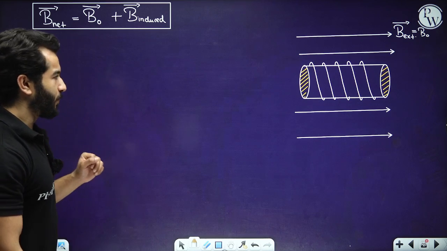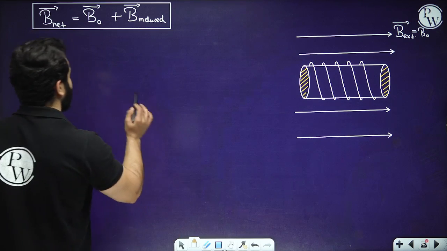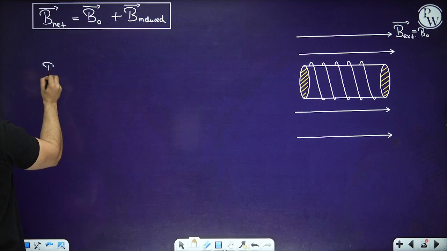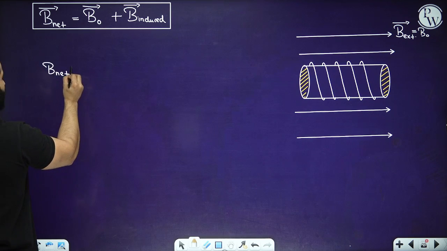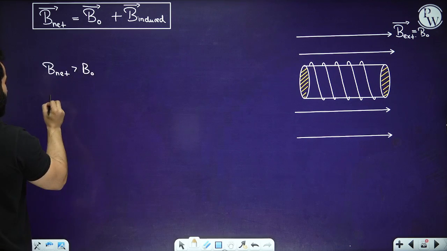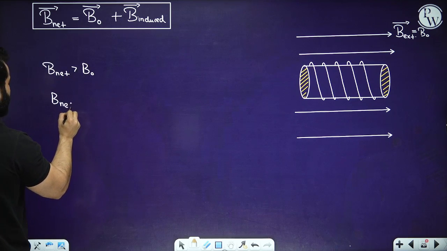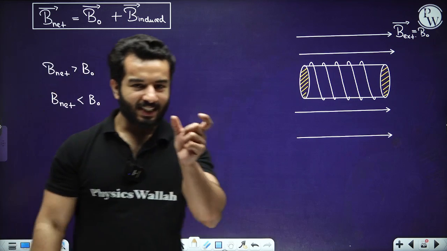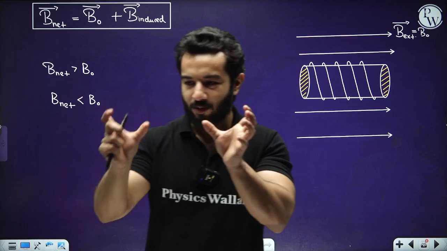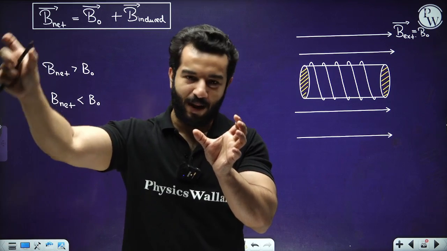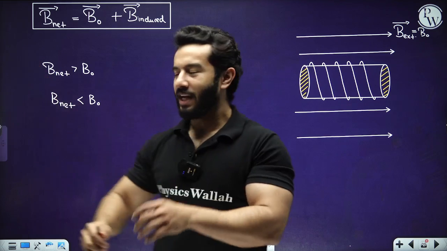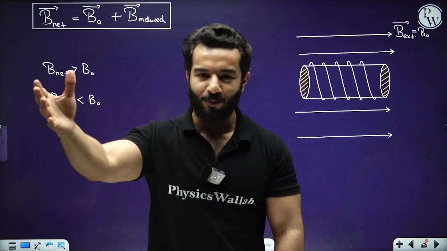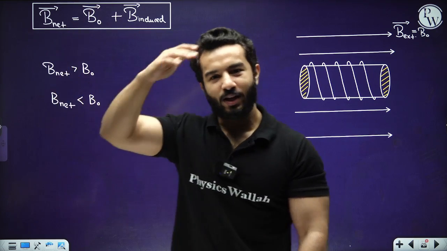See, we are not right now saying that B net will be greater than B naught or less than B naught, because this will define the types of materials we are going to talk about. If B net is greater than B naught, we are talking about a particular type of material, let's say paramagnetic or ferromagnetic. If B net is less than B naught, we are talking about another type, let's say diamagnetic material. So let's start from here.